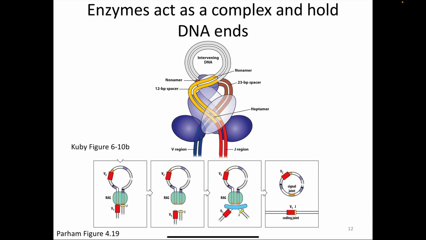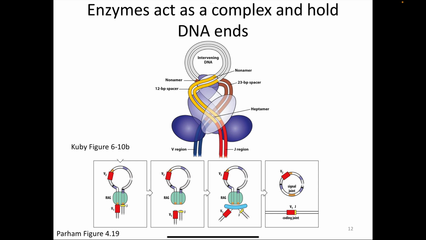The idea is they're all acting on the same area. The only DNA that we're messing with, the only DNA that's getting broken, is the DNA in this region with the RSSs. It's not like one enzyme is cutting over here and another enzyme is cutting over there, and then you have all these double-strand breaks and try to fuse them together. That would be bad.